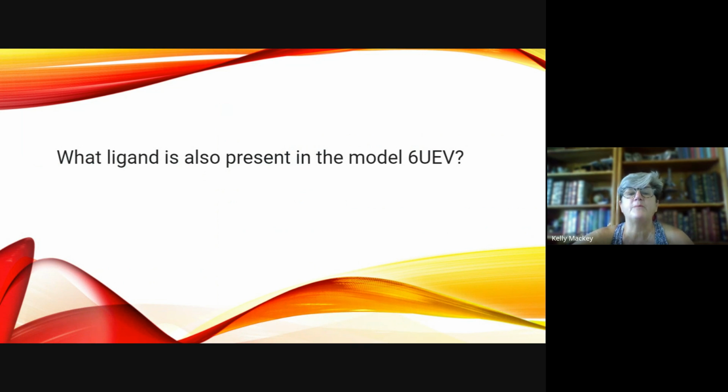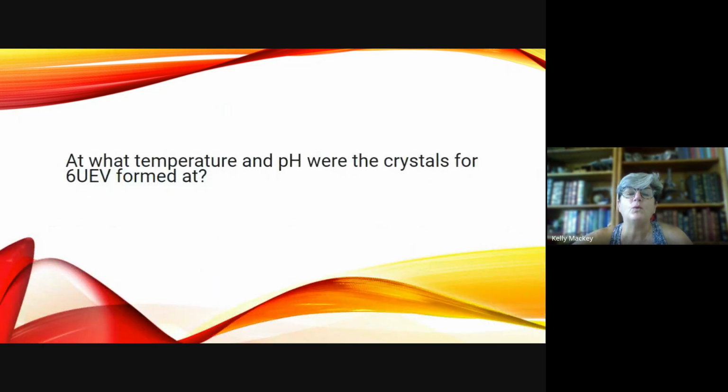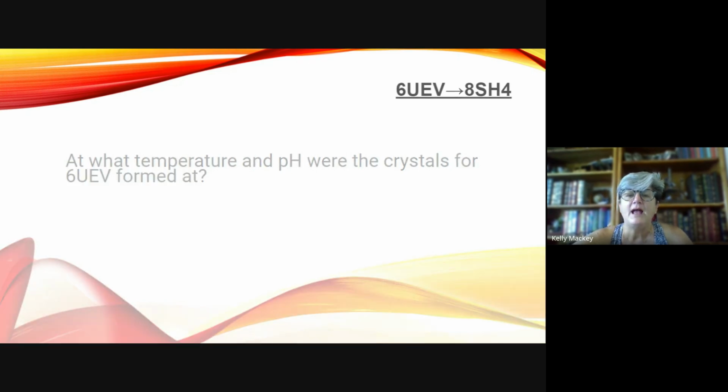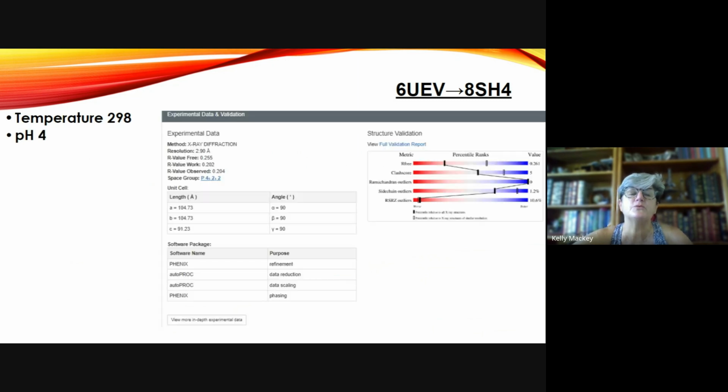Another question that came up with it is what ligand is also present. And if you scrolled all the way down, glycerol is the ligand that they talk about, and that's right there. And then at what temperature and pH were the crystals formed at? Most people got it. One person, I think, didn't. And in order to do that, the temperature was 298 degrees Celsius and the pH was 4.